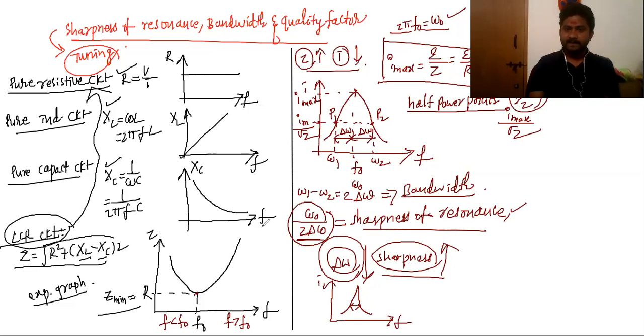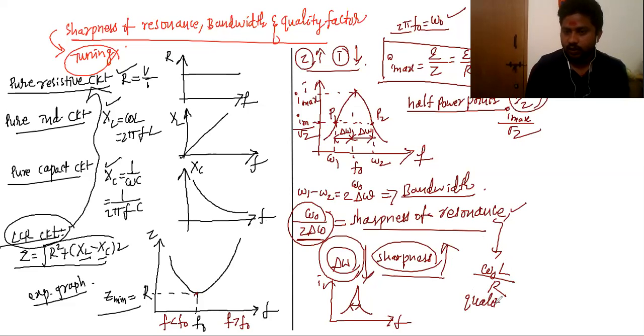Clear? And this sharpness of resonance can also be written as omega naught L by R, which is called the quality factor. The quality factor expression and the sharpness of resonance expression are the same.